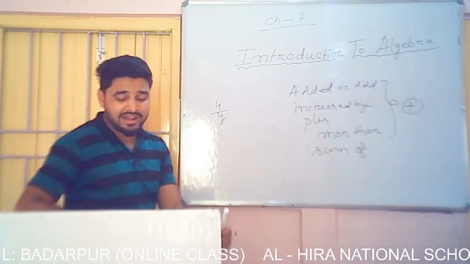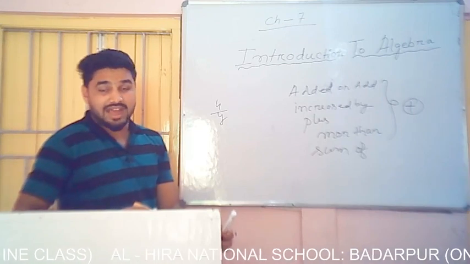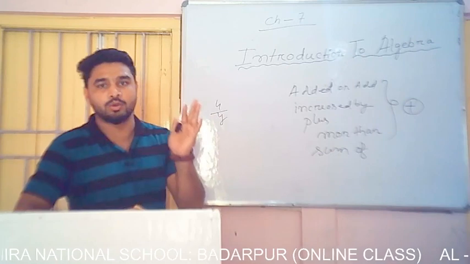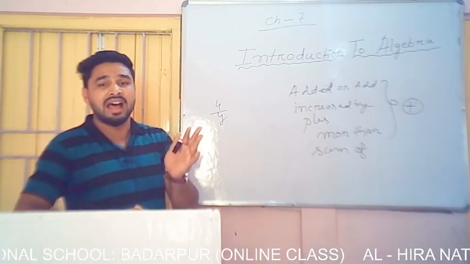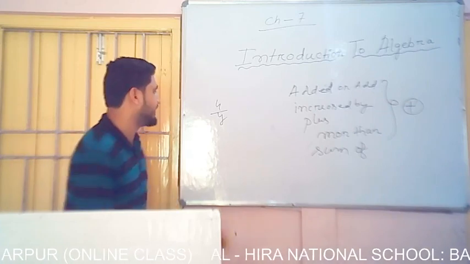Question number 1 is 3 more than t. As we know earlier, if we get the words more than, then we should use the operator plus. Then it will become 3 plus t.